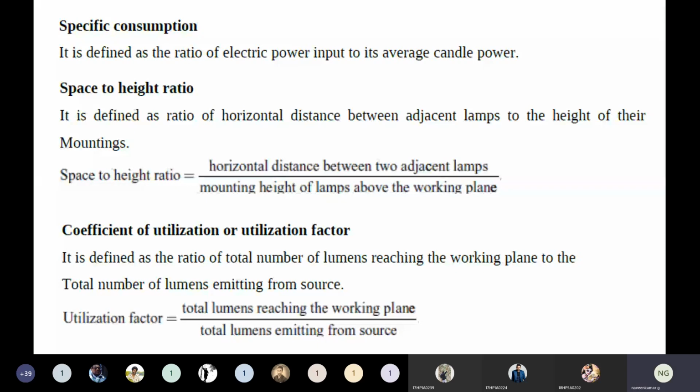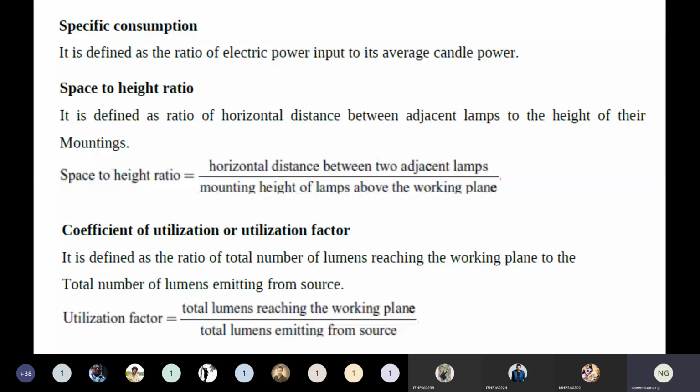So the next definition is coefficient of utilization. It is also called utilization factor. So it is defined as the ratio of total number of lumens reaching the work plane to the total number of lumens emitted from the source. So some of the lumens or luminous flux that is emitted out of a source is not reaching the surface.